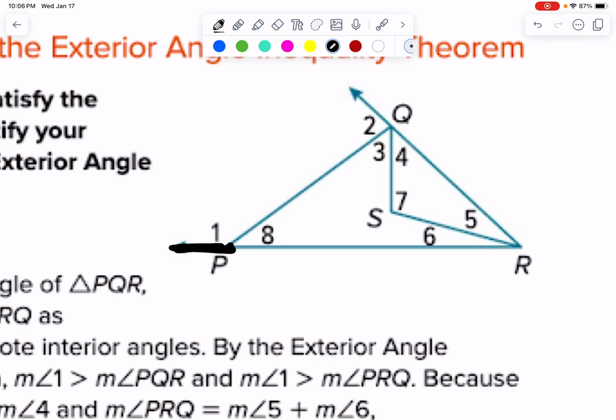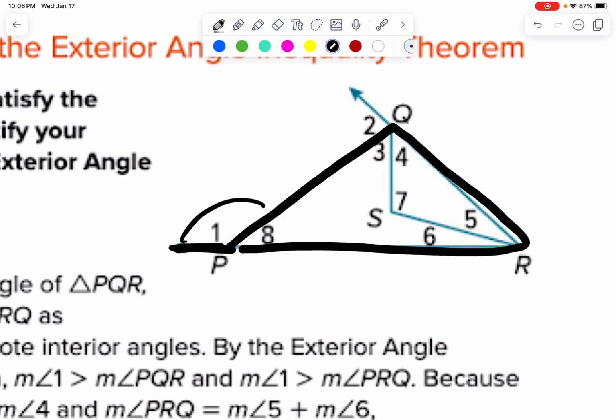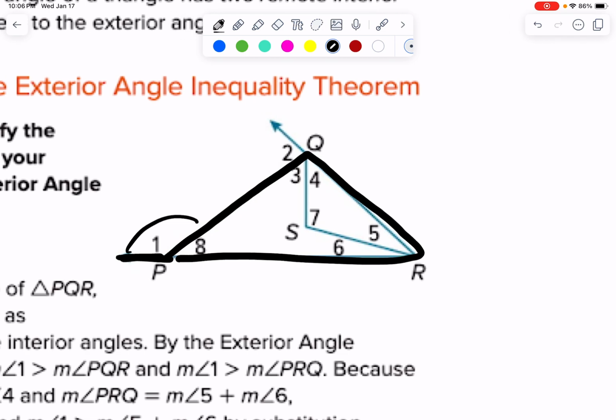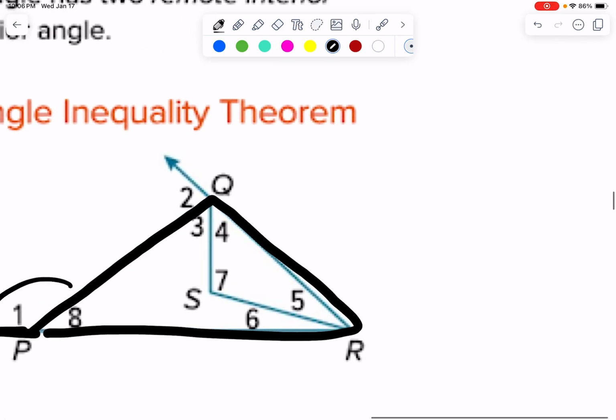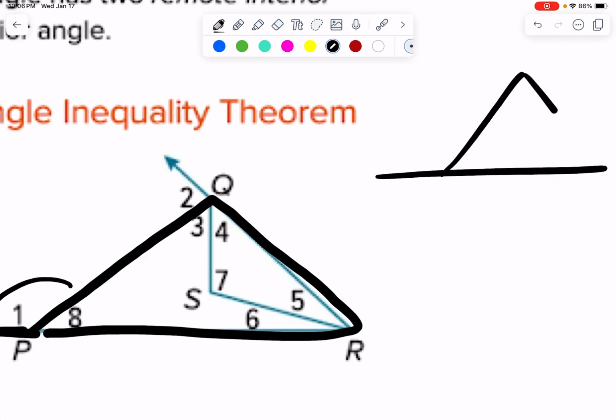Now, angle 1 is what's called an exterior angle for this big overall triangle, okay? Now, here's the deal. I'm going to do a little side note over here and get rid of all the other stuff. Let's say this is angle 1, this is angle 2, this is angle 3, this is angle 4, okay?